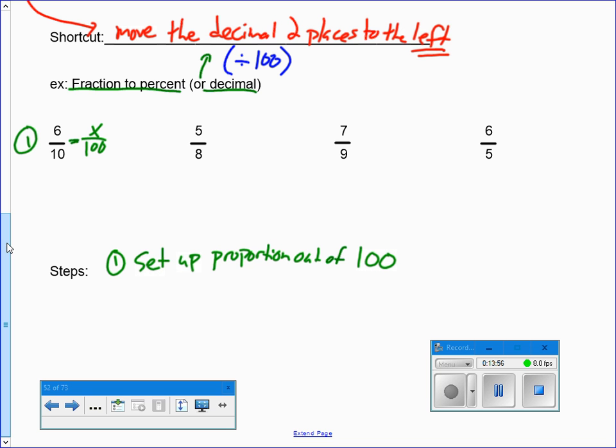Alright, second thing we're going to do is called cross multiplying, and we're going to do a little more of this once we get to unit 4 in this class, but right now this will be the only time we use cross multiplying. So what I'm going to do is multiply 10 up here by x, equal sign, 6 by 100.